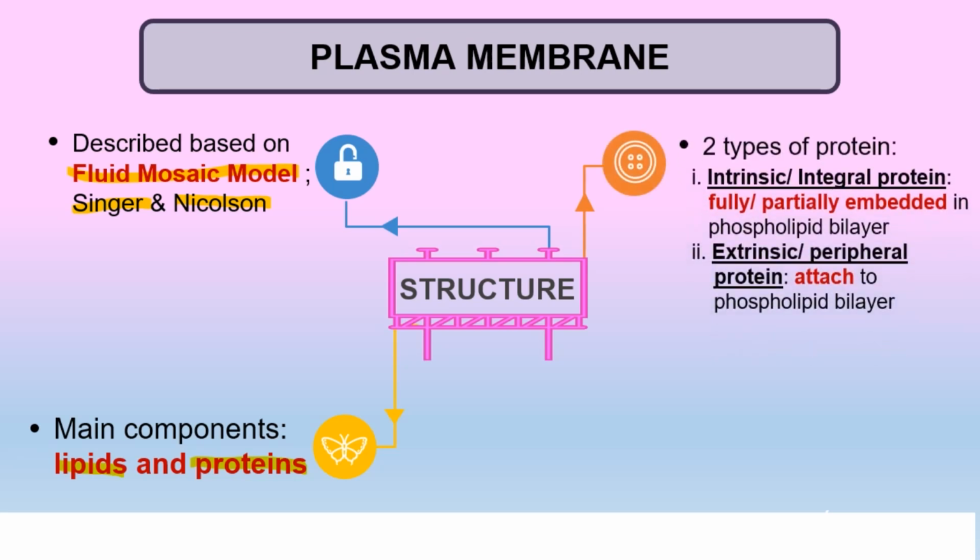There are two types of protein. Number one is intrinsic or integral protein that is fully or partially embedded in the phospholipid bilayer. The second one is extrinsic or peripheral protein that only attaches to the phospholipid bilayer.